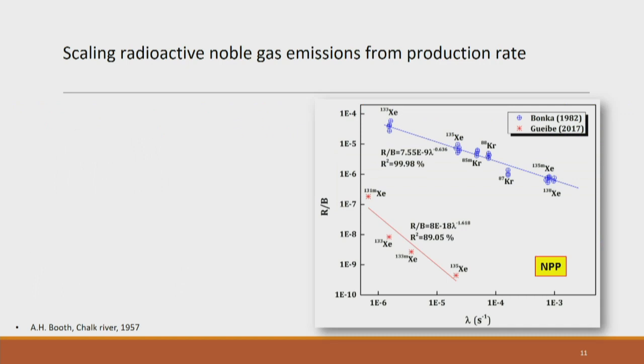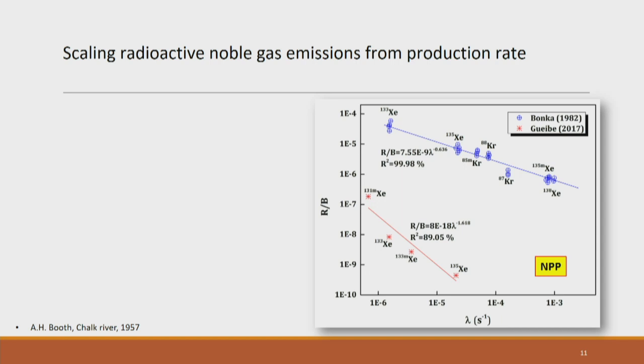Because of lack of data on releases from nuclear research reactors, we need a best estimate made from extrapolation, which is founded in empirical data and theoretical understanding. In this figure, you can see the release to birth ratio for different noble gas isotopes as a function of lambda, and this is for an MPP.